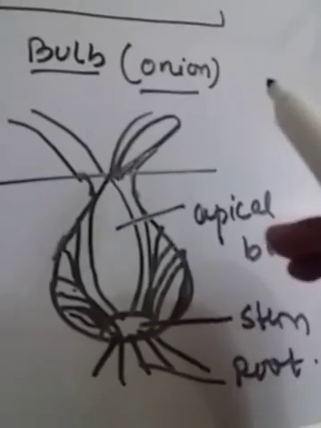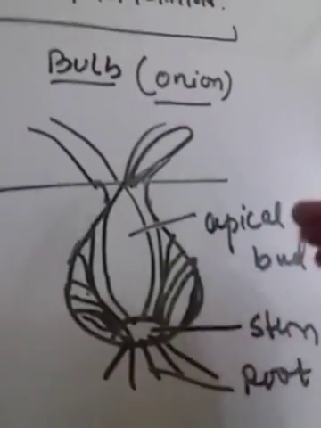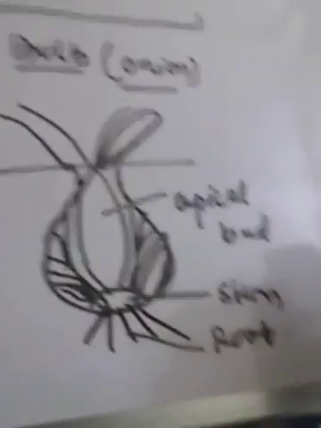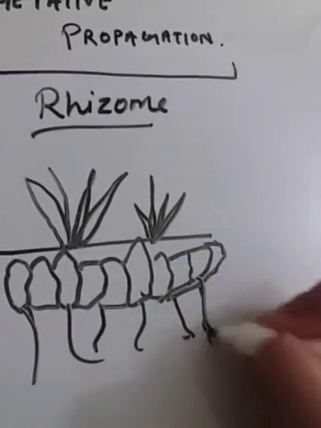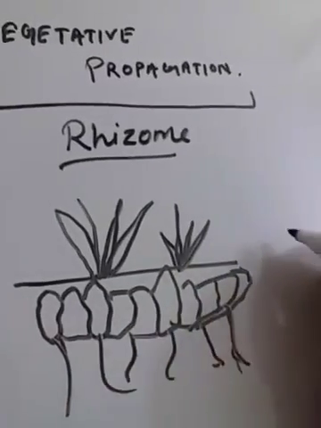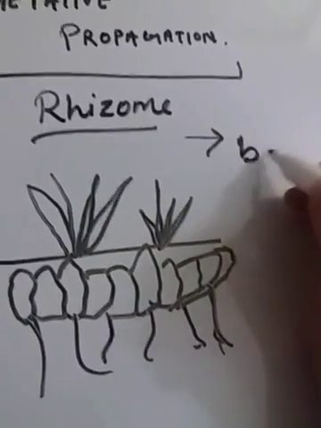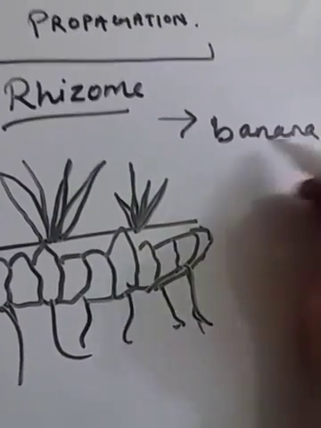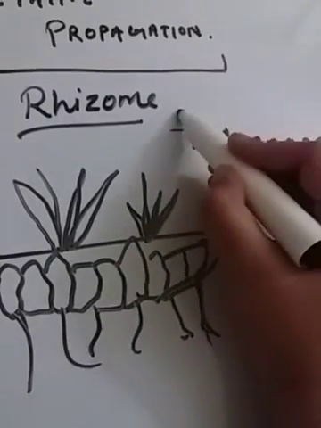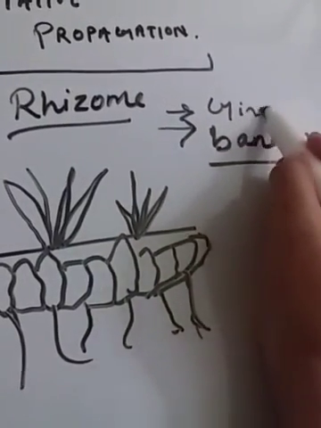Now let's see the rhizome, ginger. For now, let this be our ginger. This is rhizome, and in our book it's also given that banana is an example of rhizome. You may consider it, but the common example is ginger.